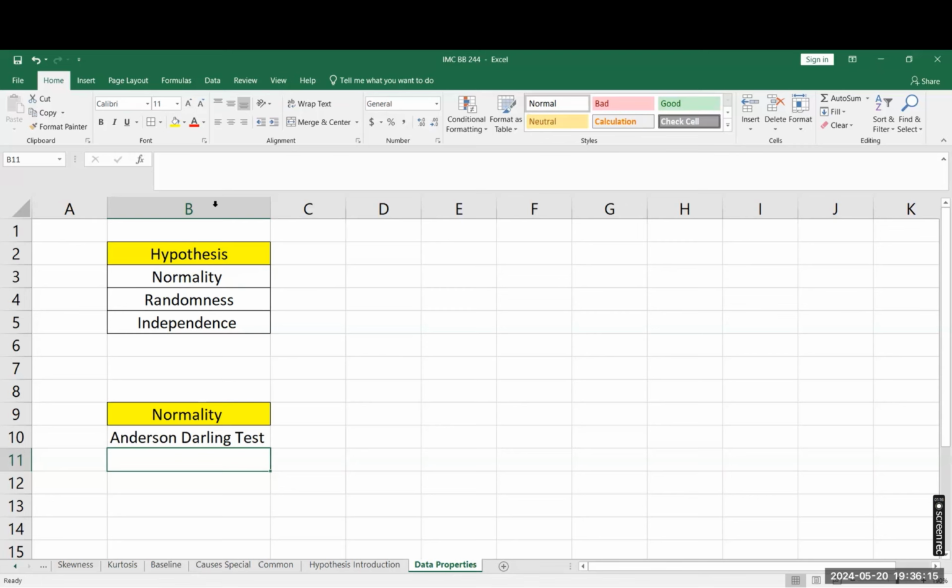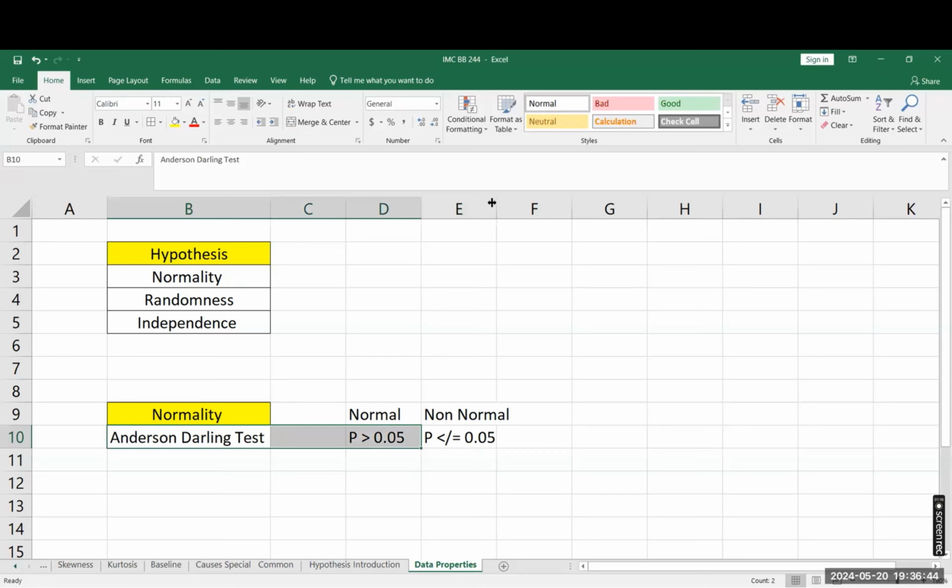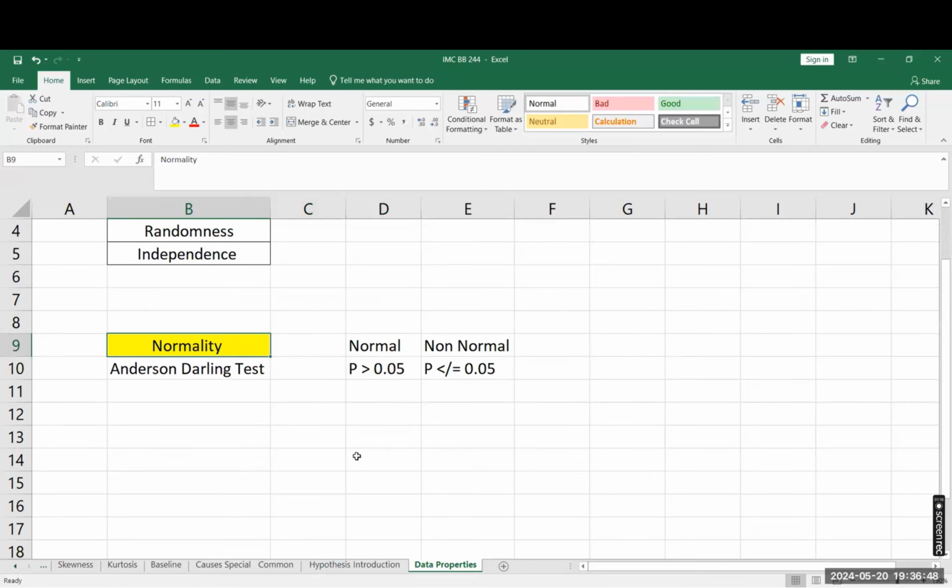So the Anderson-Darling test says when you are doing the normality, I will say data is normally distributed if the p-value is greater than 0.05. Or data will be non-normal if the p-value is less than or equal to 0.05 for the probability test or Anderson-Darling test. So what does normality mean?